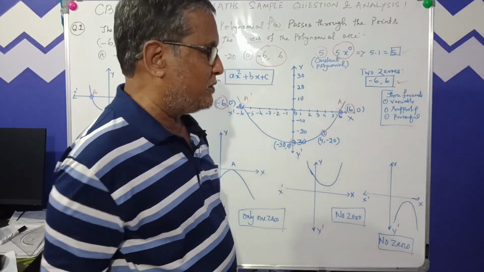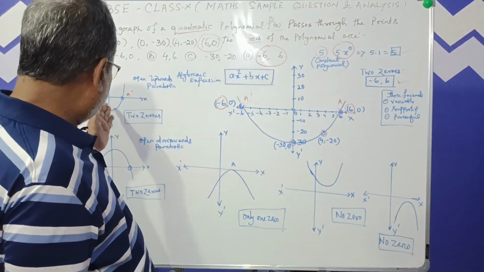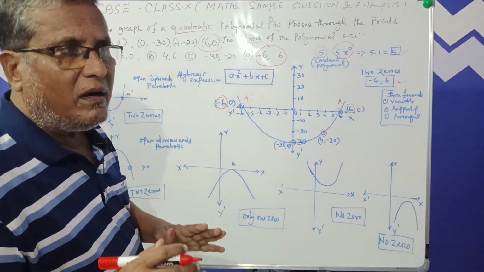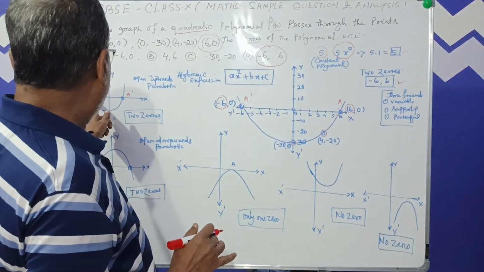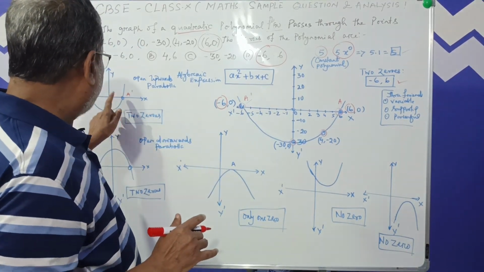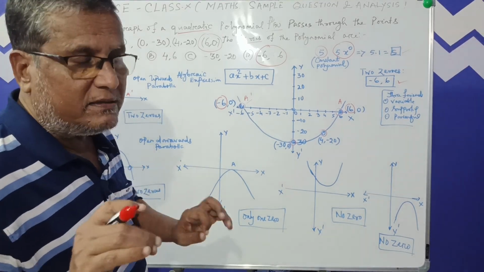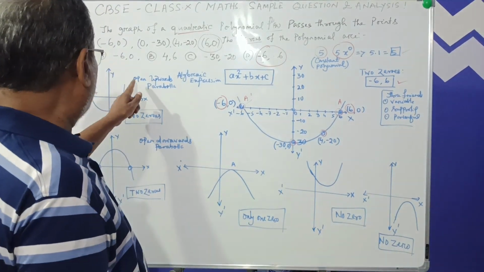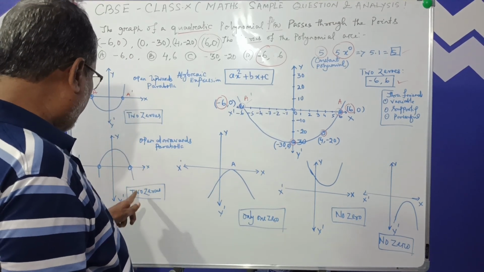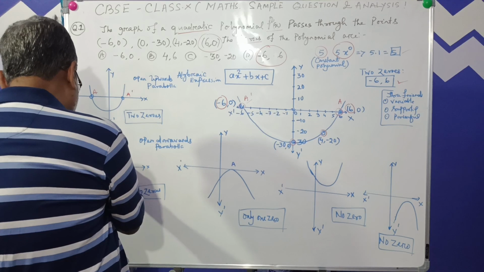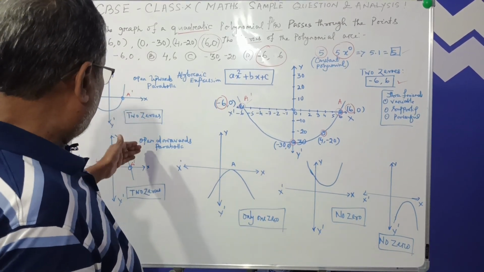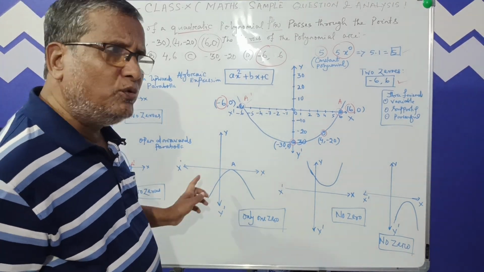Here you see the graphical representation of a quadratic polynomial, it reflects two zeros, the cutting or intersecting points on the x axis. That is called an open upward parabola. Now you see that is called an open downward parabola. This is called a and a1, the two zeros. So these two are examples of two zeros.